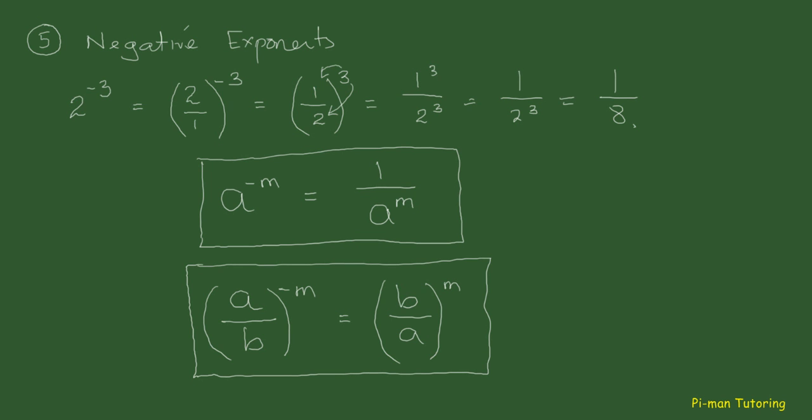Now we'll move on to rule number 6. Okay, rule number 6, we're dealing with fractional exponents. So this is not fractions in the base, but fractions in the actual exponent itself.